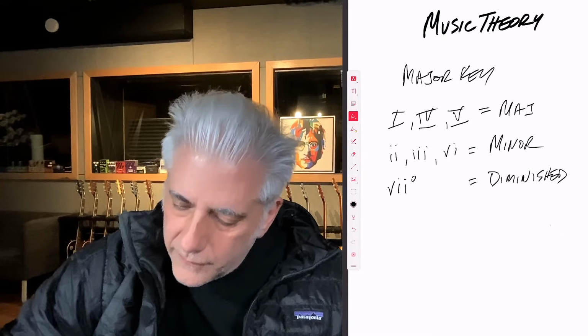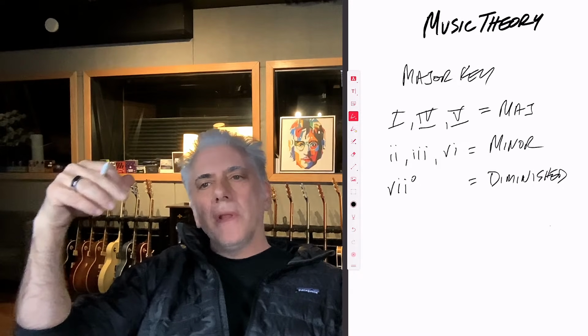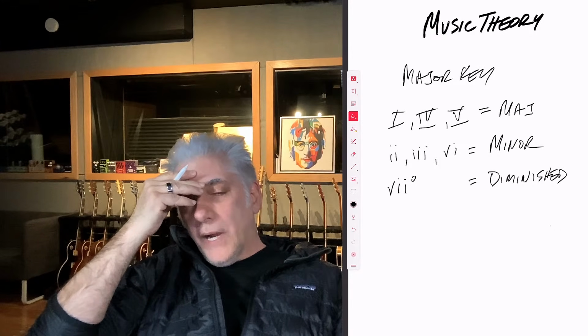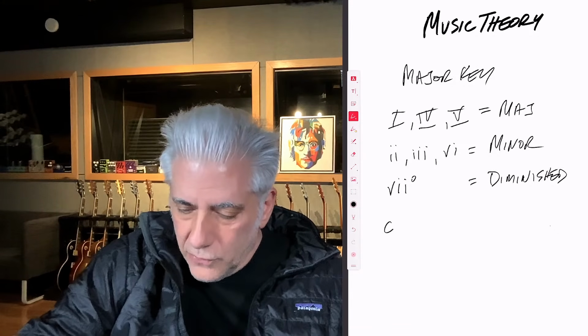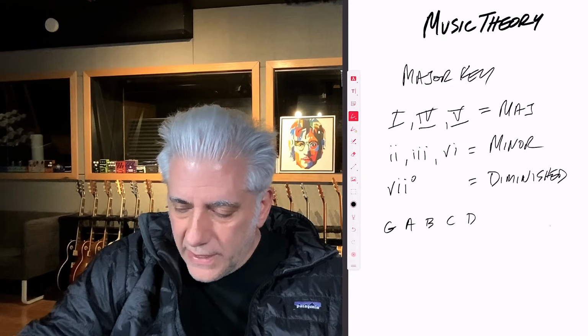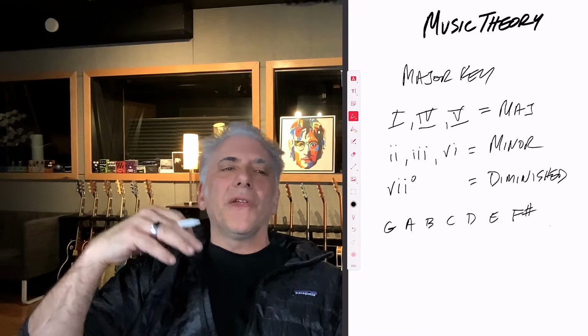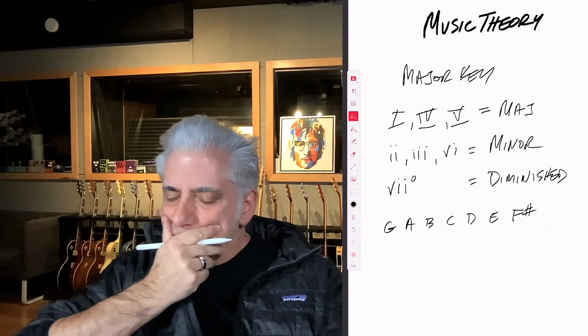Okay, so if you know what notes are in each key, let's say we're in the key of G. So you write out a G major scale. I'm going to go G, A, B, C, D, E, F sharp. That's a G major scale. I know that because I've memorized my circle of fifths, okay?